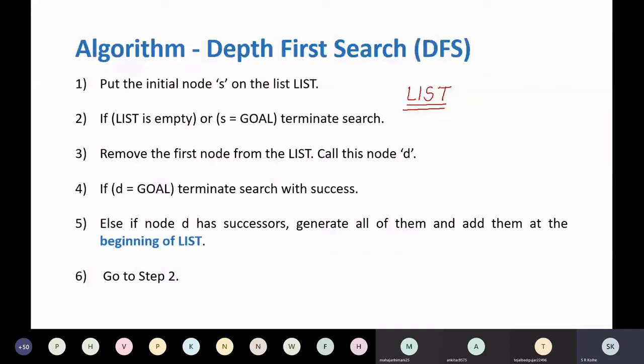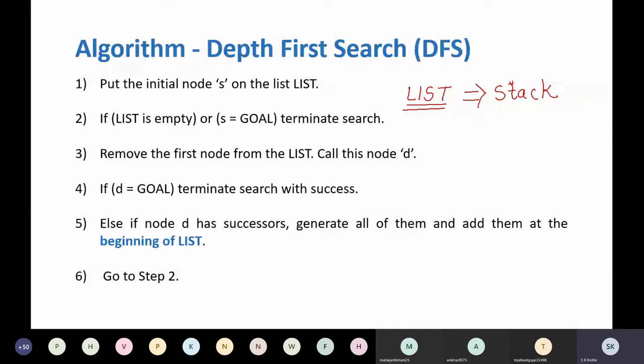And first node always you are checking. So what kind of data structure it is? Stack. Correct. Stack. So this list, that means you will have to implement as a stack. Therefore, this depth first search algorithm uses a stack, right? This functioning is very similar to the functioning of stack. So directly stack you will have to implement out here.